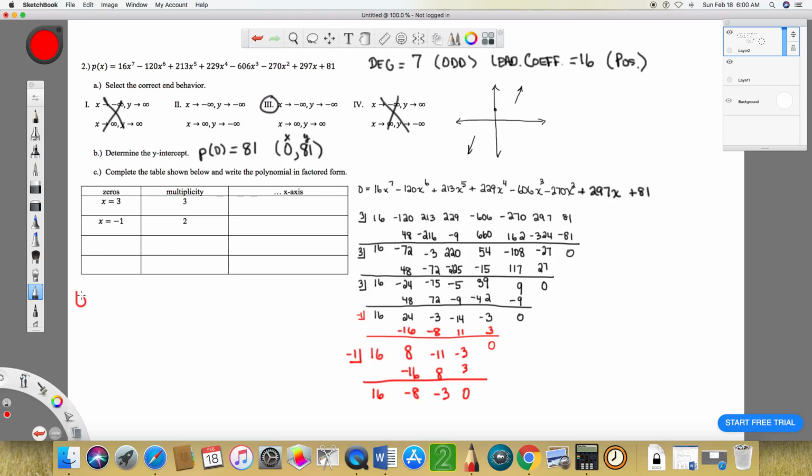So we were solving this equation, and this synthetic division has allowed us to factor this to x minus 3 to the 3rd power. That's that multiplicity of 3, and remember that in factored form, you change the sign.